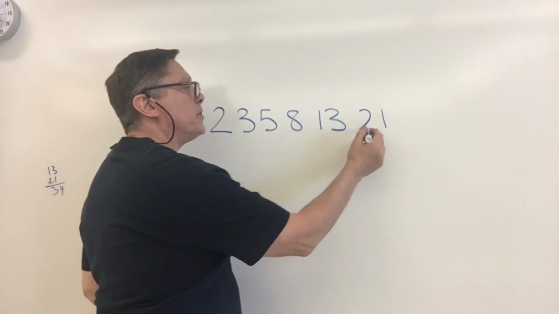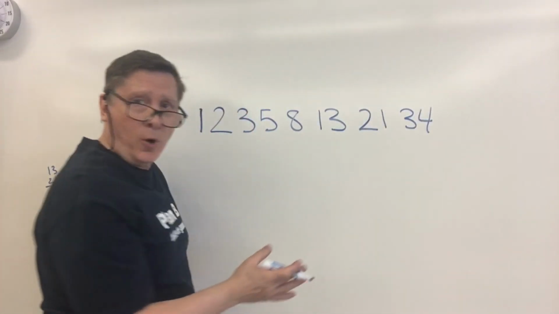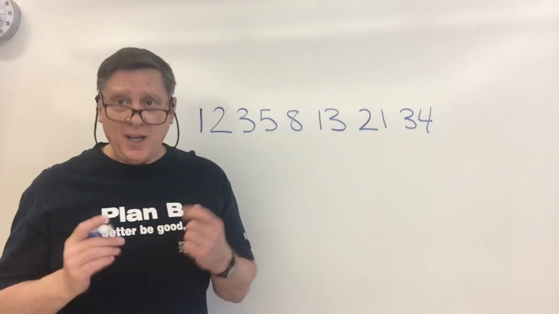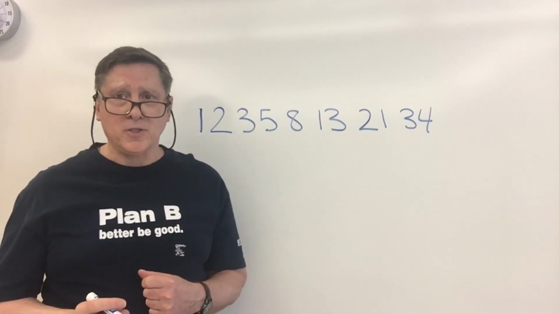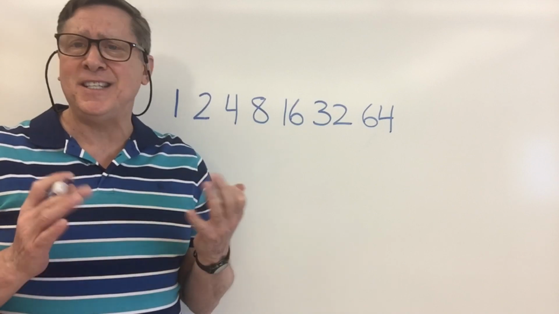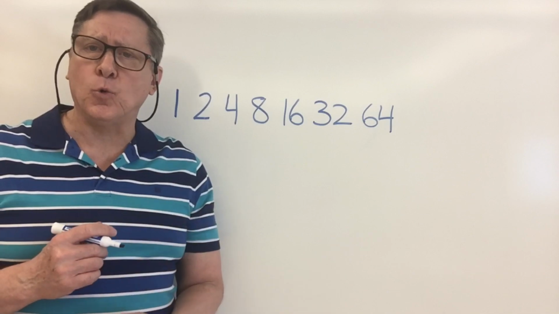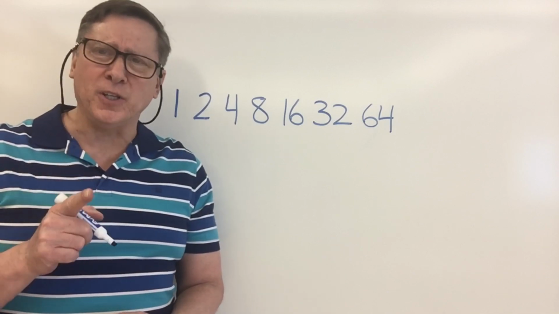And 13 plus 21 is 34. And so on, it keeps going. The Fibonacci sequence, another pattern in numbers. Patterns can be found in math, in nature, in music, and all around us in the world. Patterns are really cool.